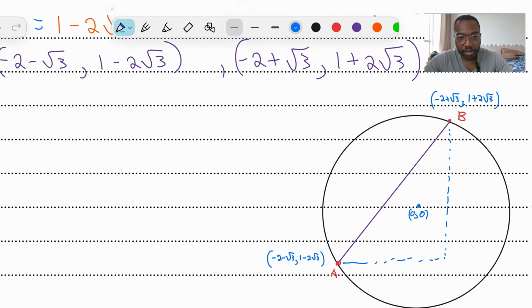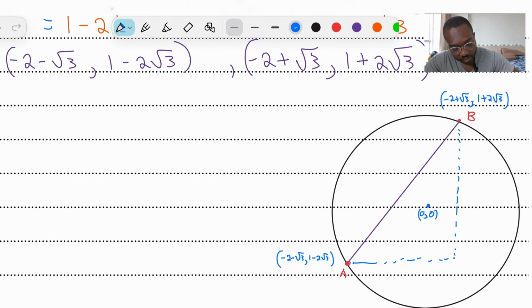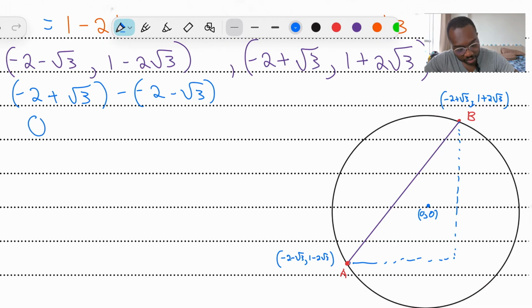Let's work this out. Minus 2 minus minus 2 is just 0. And then root 3 minus minus root 3 is root 3 plus root 3, so that will give me a positive 2 root 3.